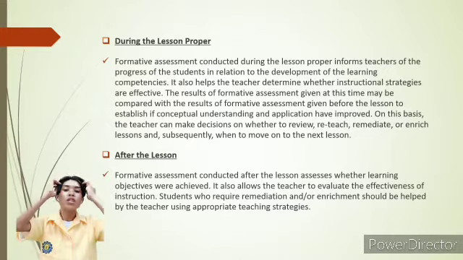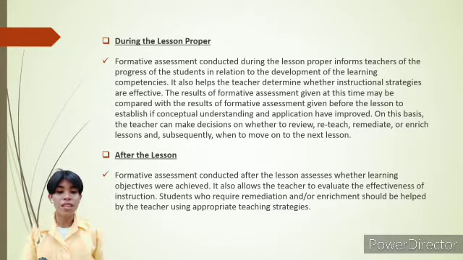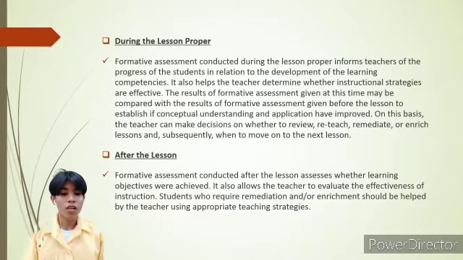During the lesson proper, formative assessment informs teachers of the progress of the students in relation to the development of the learning competencies. It also helps the teacher determine whether instructional strategies are effective.